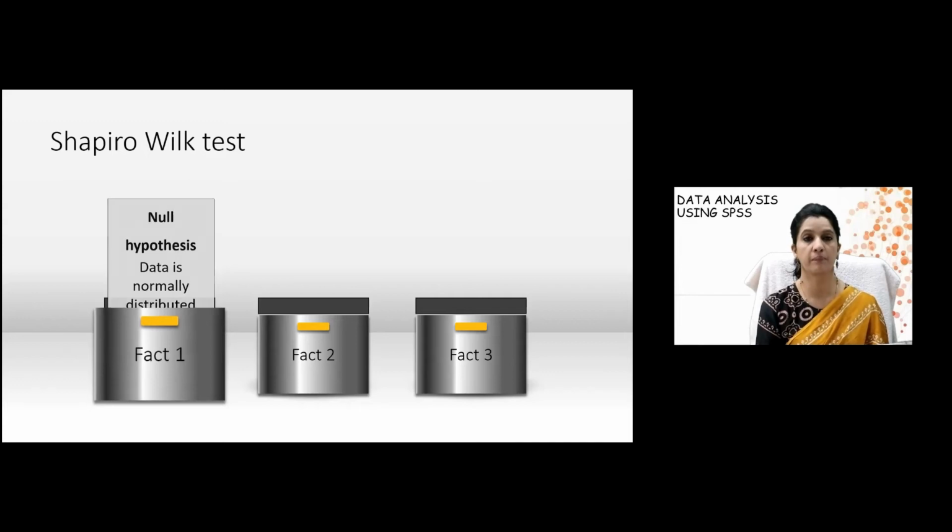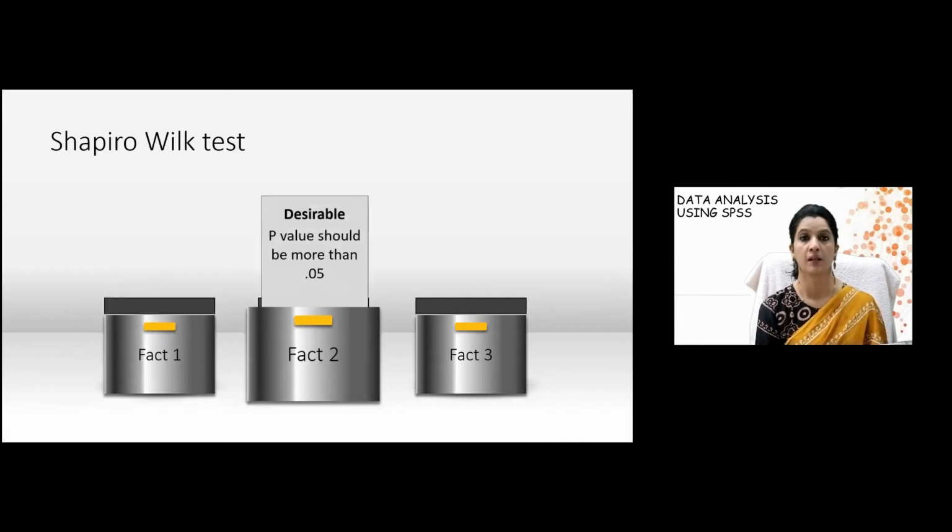So if the value of P comes here more than 0.05, then we say that the data is normally distributed. Usually we always take the null hypothesis that there is no association, but here the null hypothesis is opposite.